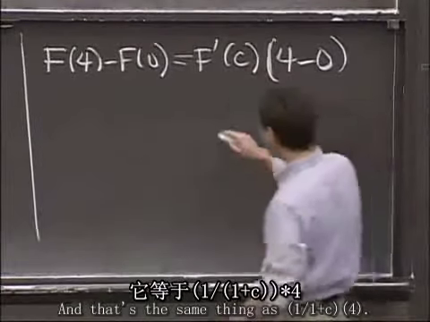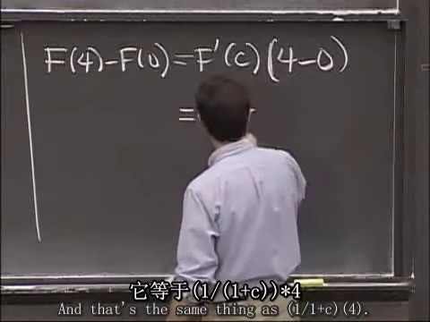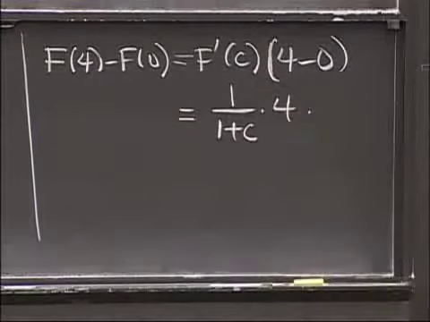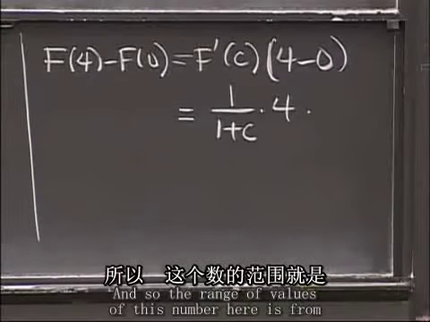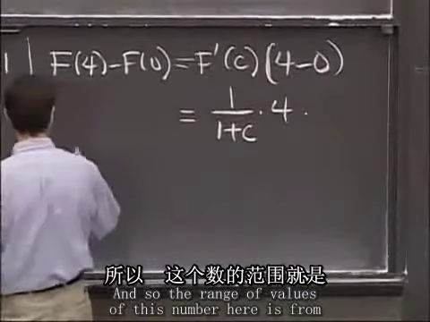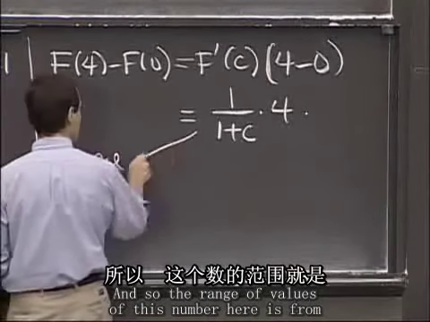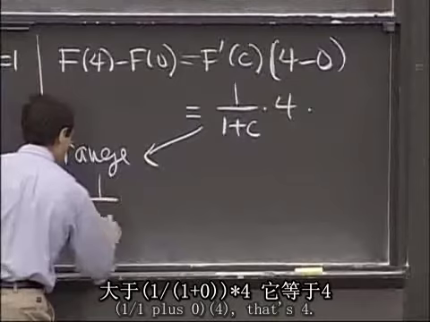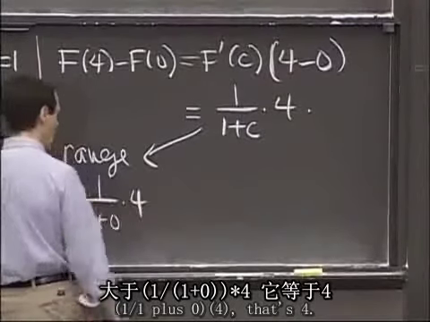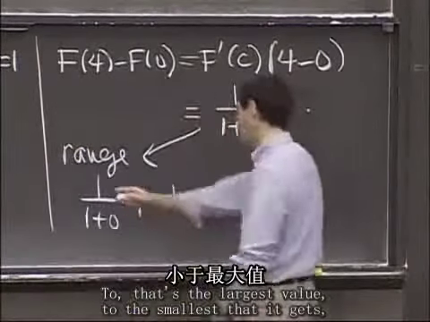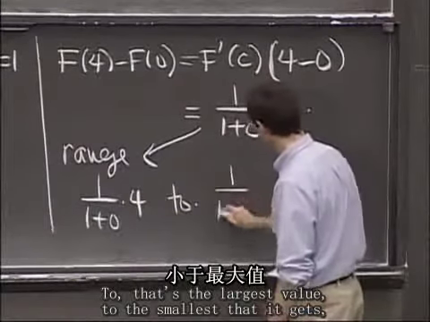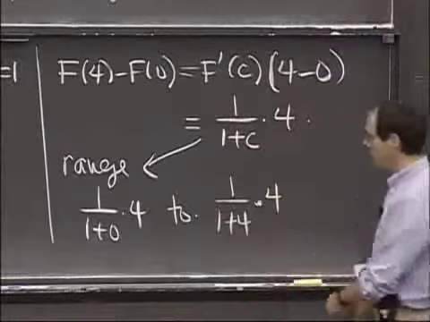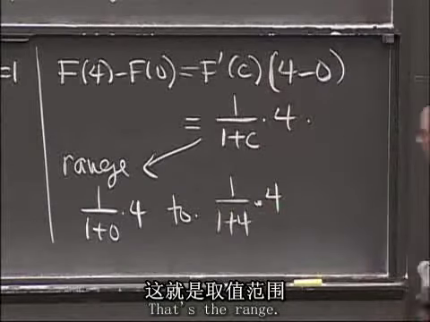That's the same thing as 1 over 1 plus C, times 4. So the range of values of this number is from 1 over 1 plus 0 times 4, that's 4, the largest value, to the smallest that it gets, which is 1 over 1 plus 4 times 4. That's the range.